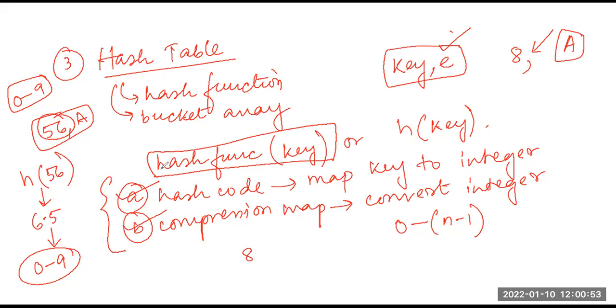It is just what? Hash table is just what? It's just a bucket array. It's an array. So it's just like a data structure in which the keys are mapped to your array positions with the help of what? How is this key being mapped? With the help of our hash function.